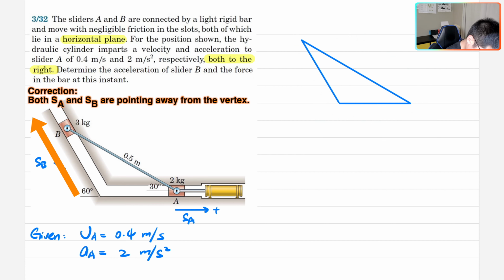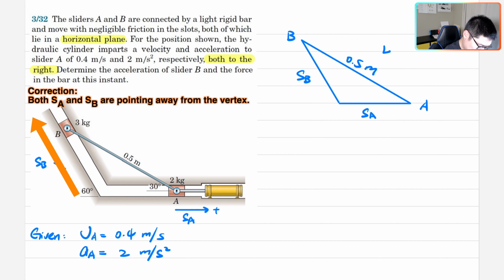This is the B, this is A, and this is 0.5 meter. We'll call this the length L. So when B goes down, this will be our SB, and A will be this length, SA, sorry.